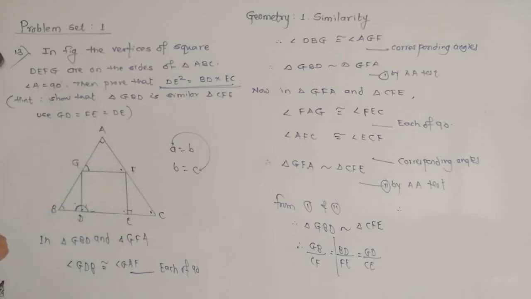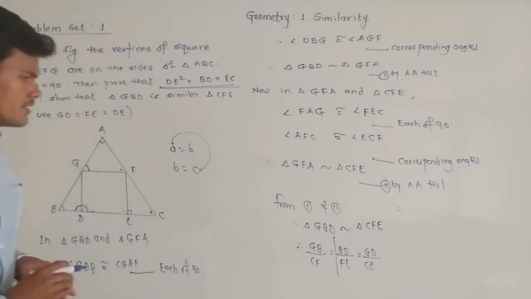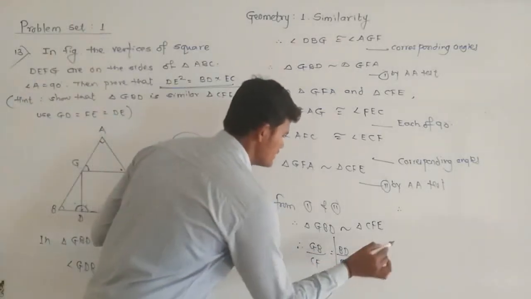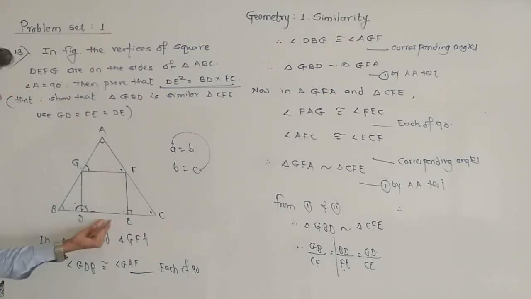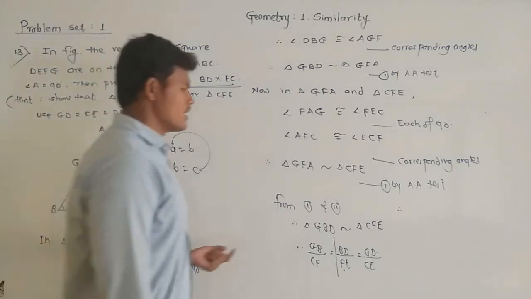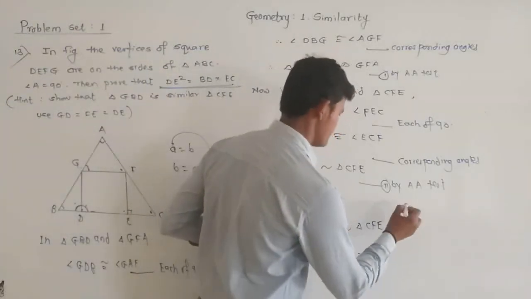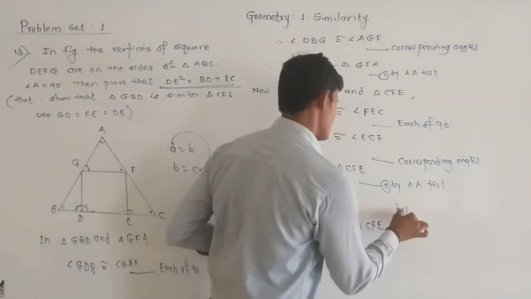DEFG is a square. That means all sides of a square are equal. That means DE is equal to FE is equal to GF is equal to GD. So instead of FE and GD, we write DE because all sides of a square are equal.